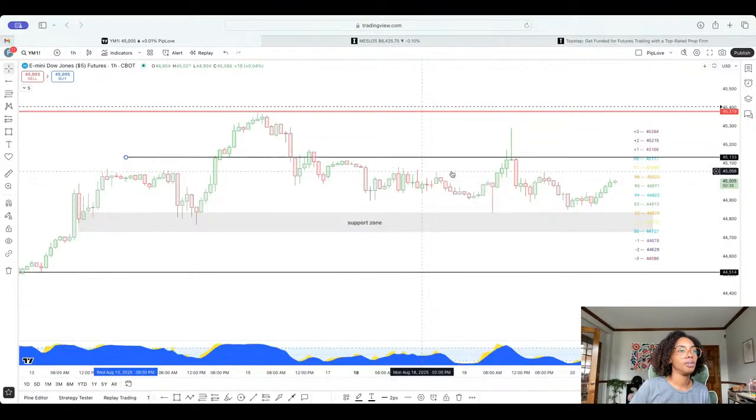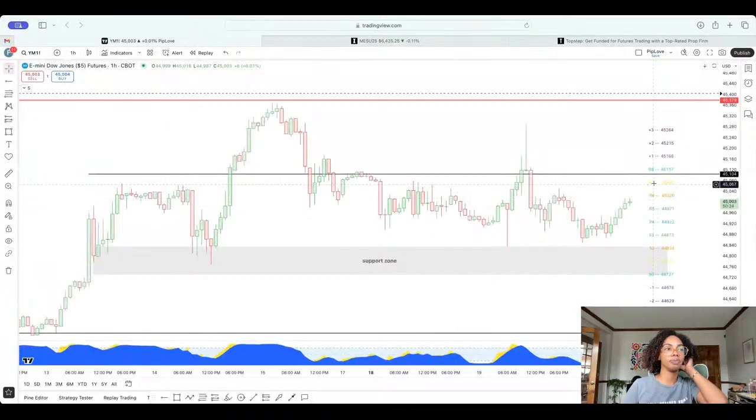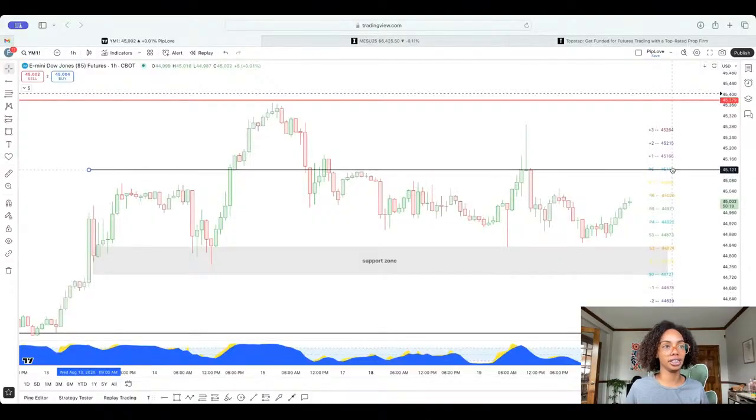Alrighty. So again, right here at the R8, this 44,117 area, you use your pivot levels as zones.